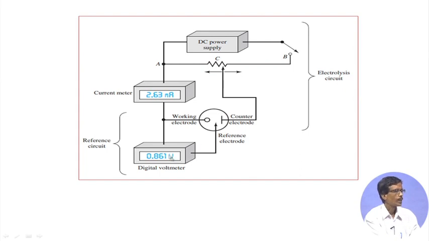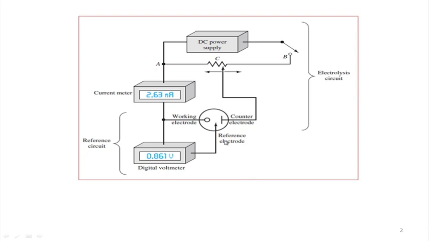So, between the working electrode and the reference electrode, if we consider that the working electrode is functioning for one half cell reaction and the reference electrode is for another function, then with respect to the reference electrode, your working electrode can have some potential value which is 0.861 volt. So we put a potential value equal to 0.861 volt on the working electrode, but that potential is versus your reference electrode.